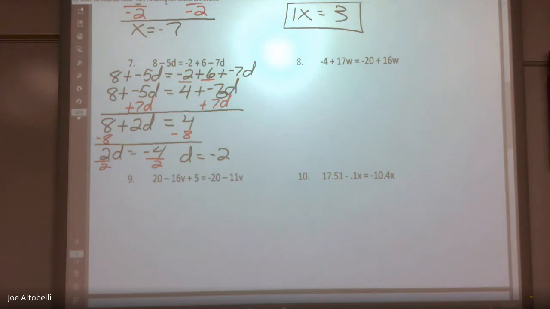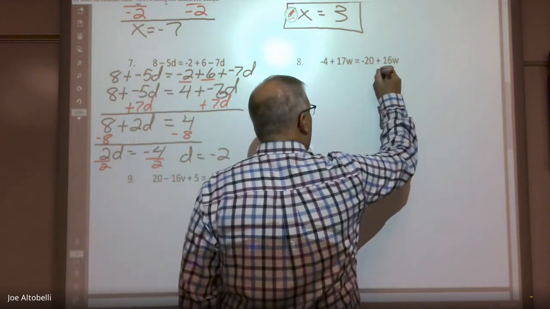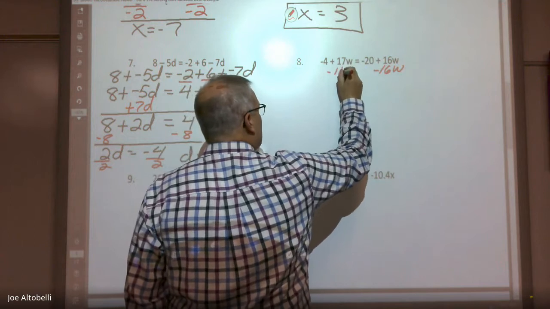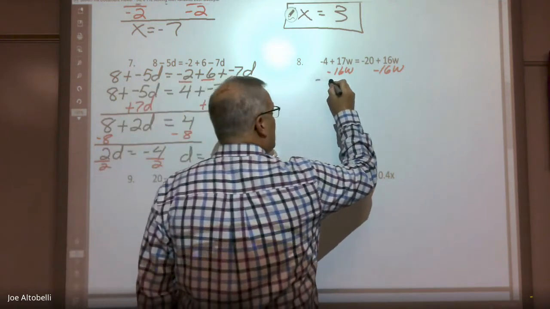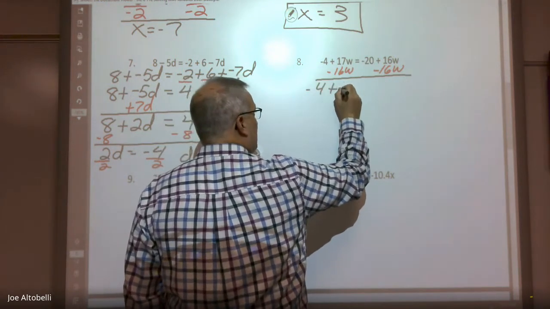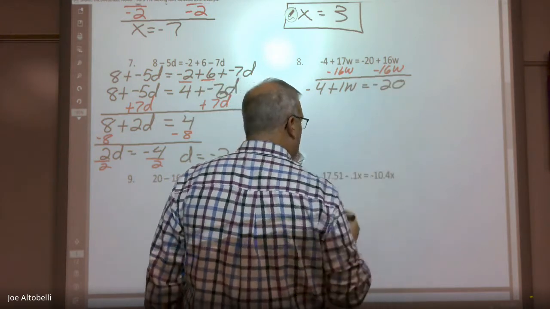All right, combine like terms. I don't have any to combine. So then I eliminate the variable on the right side. So I'm going to subtract 16W. Hopefully everybody subtracted 16W first. We'll have a -4 plus 1W equals a -20.